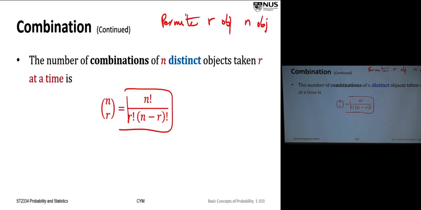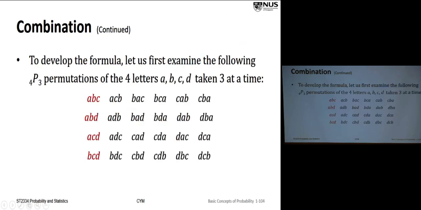It is N factorial over N minus R factorial, right? So in other words, this number means the number of ways that you take out R objects from the N objects and then arrange them.